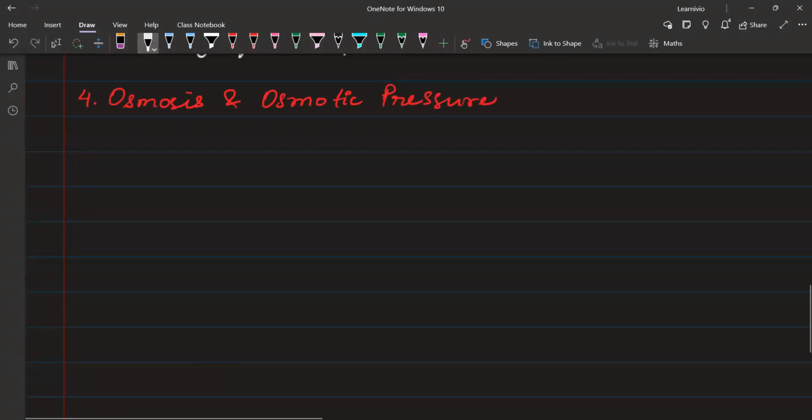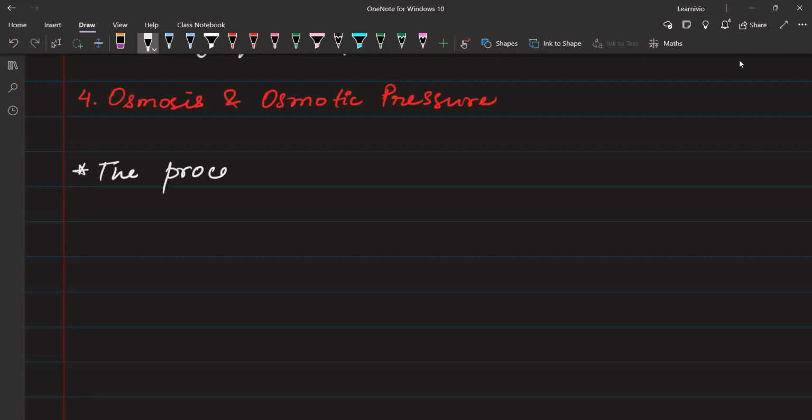Now we will write this definition of osmosis. Those who are from biology background, it will seem like it is a bit different from biology. Again, I will explain why you think it is a bit different. It is just the choice of words. Osmosis is the same in chemistry as it is in biology. It is not different. So please write this with me.